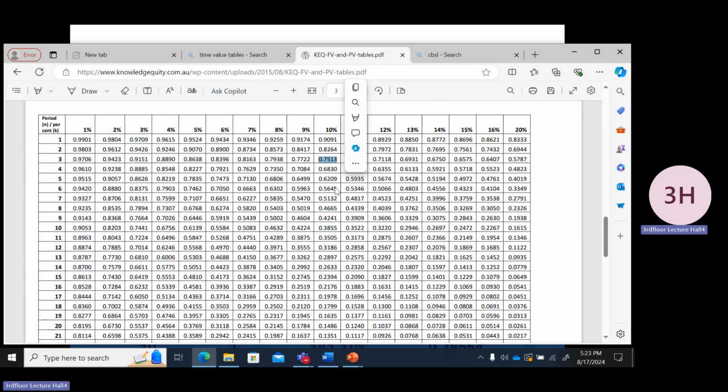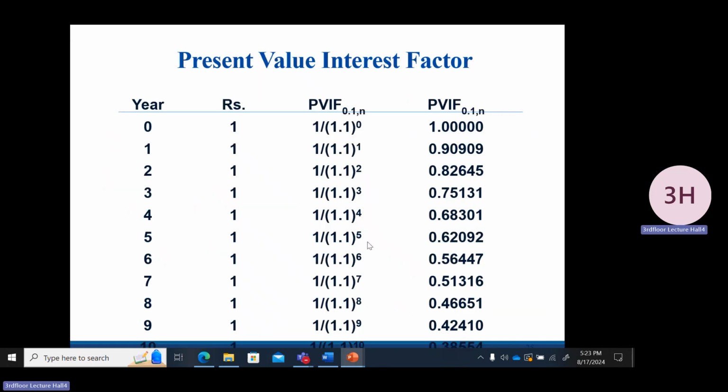Now look at this diagram. Like earlier, if you look at this one, this is the table of factors: present value interest factor at 10% for 10 years. So these are present value interest factors.